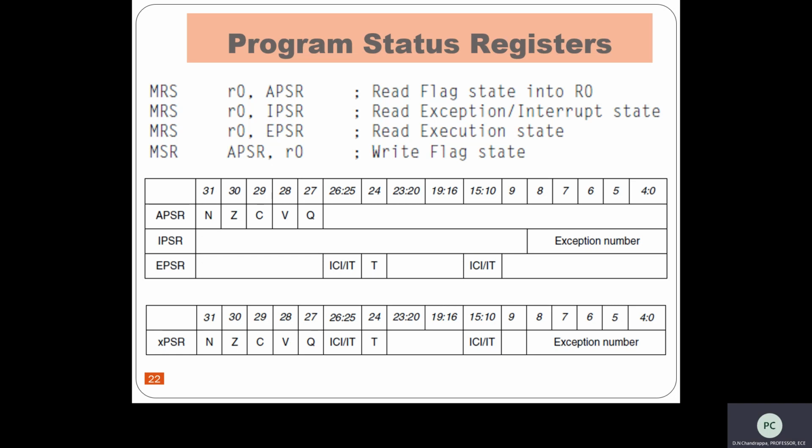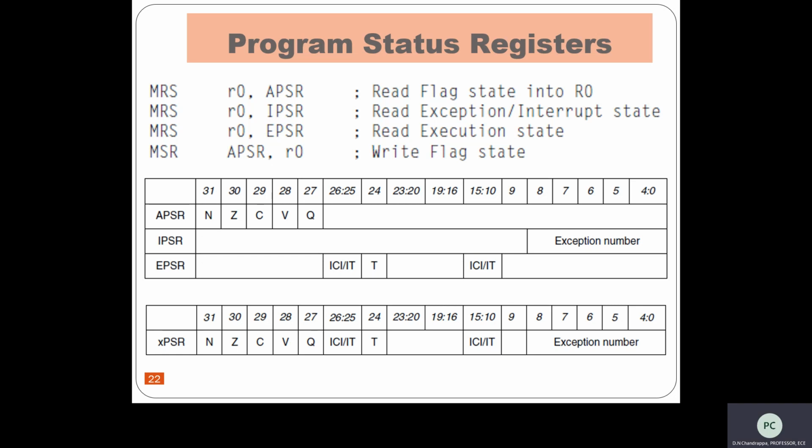It means interrupt continuable instruction bits, ICI, or IT means if-then instructions. In the second module, during the instructions, I will explain how the if-then instruction works in the Cortex M3 processor.